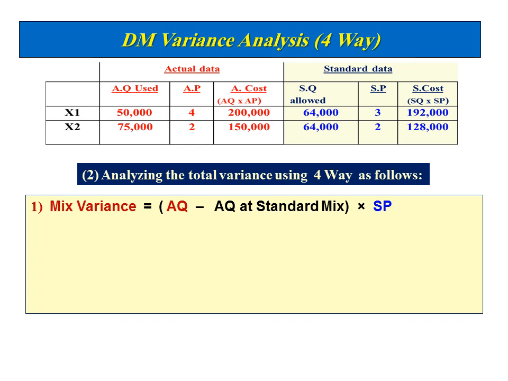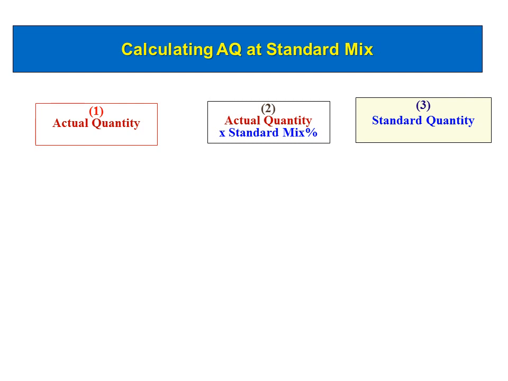The way to calculate looks like preparing the performance report. I need actual quantity from the table, number one, and standard quantity from the table also. My problem is how to calculate actual quantity at standard mix. Already we have actual quantity, but the problem is how to calculate standard mix.